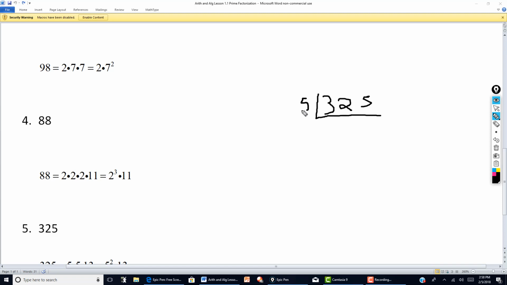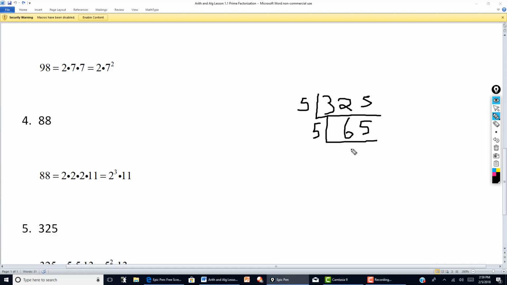So try 5. This will go 65 times. Smallest prime that will divide 65, it ends in 5. It's not divisible by 2, it's not divisible by 3, but it is divisible by 5.